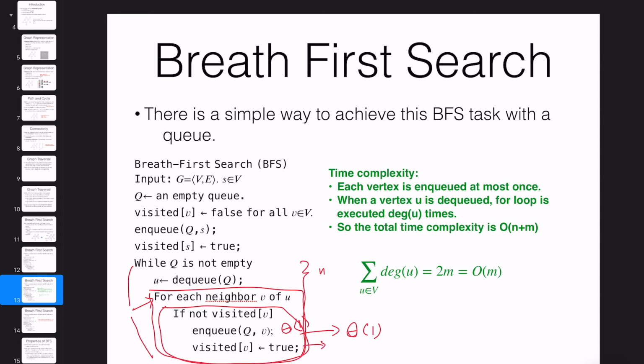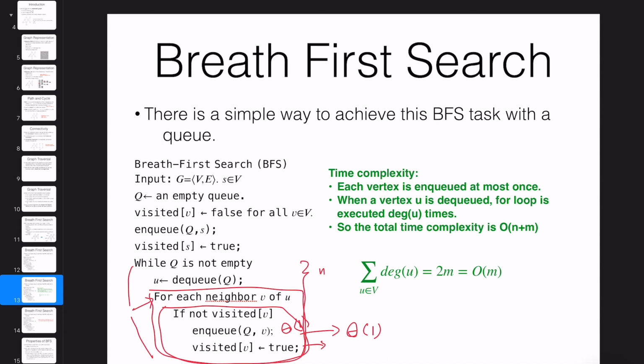Basically, I don't have a clean pattern that just tells you how many times the nested loop is going to be iterated and multiplied by n, because this depends on the number of neighbors of each node. Some of the nodes might have just 1 neighbor, some of them might have n minus 1 neighbors, right?